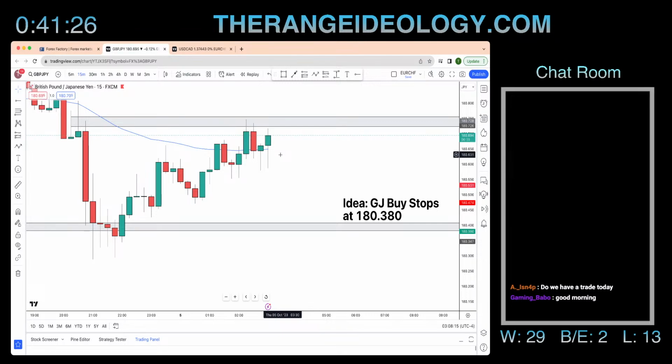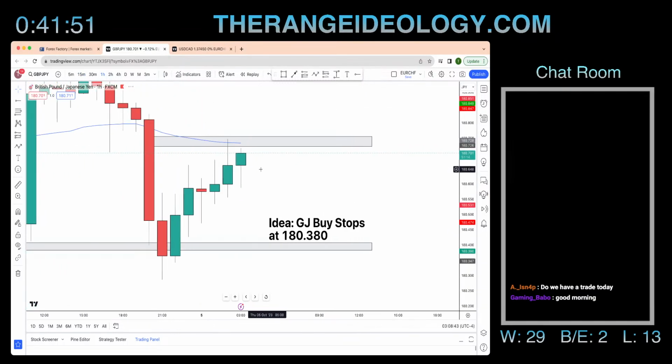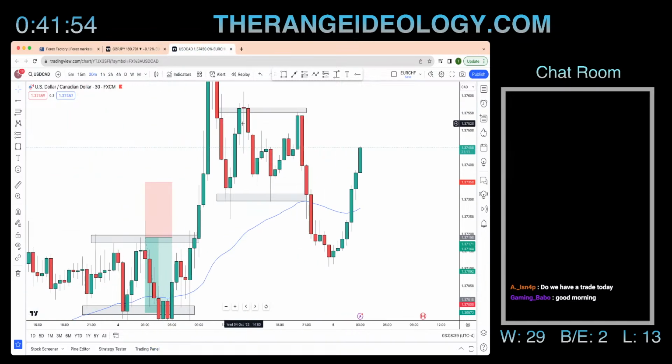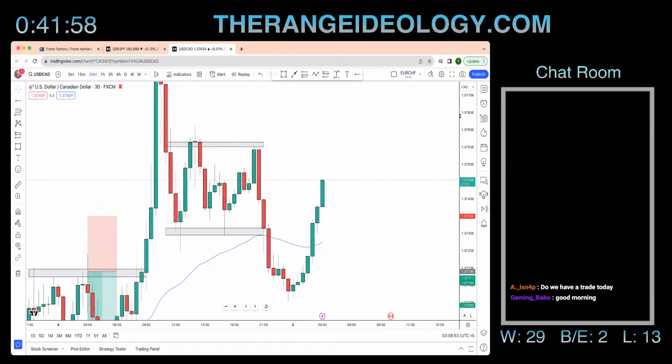Let's see. Okay, coming right to the 1 hour EMA here. And, oh wow, USD CAD is pushing. So USD CAD is really pushing up here.